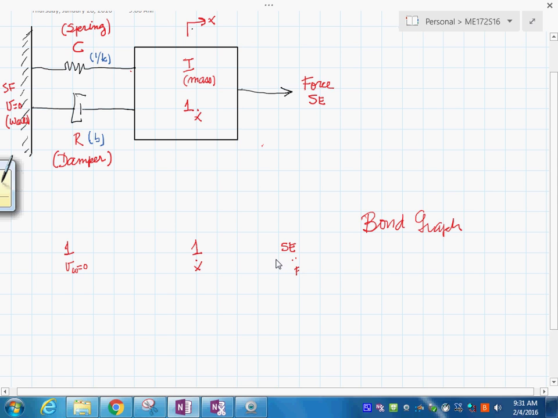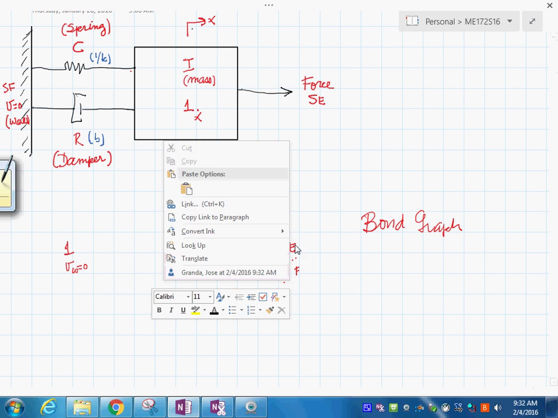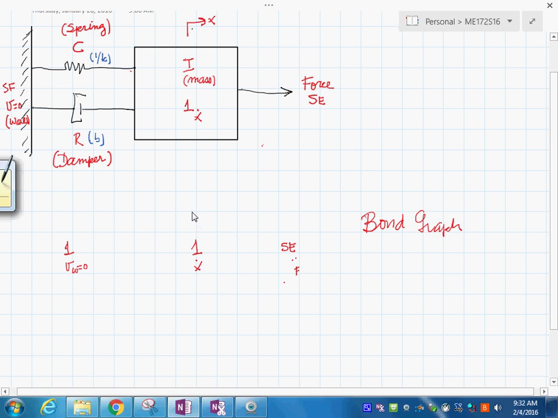So we have the basic structure, but here we have to have the connection. The I element is the mass, with value m.